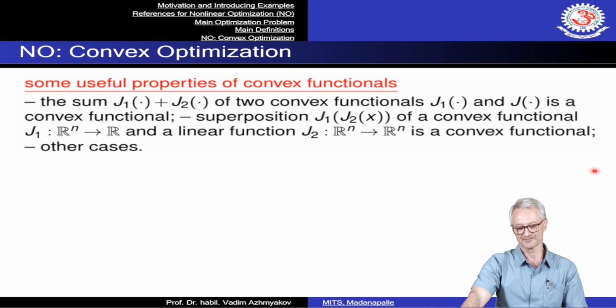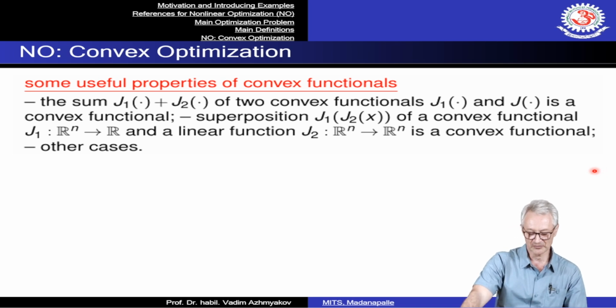In this manner we start to investigate the important class of nonlinear optimization problems called convex optimization problems. We have introduced the general definitions of solutions, local, global, and also some technical definitions and concepts of convex set and convex objective functional.